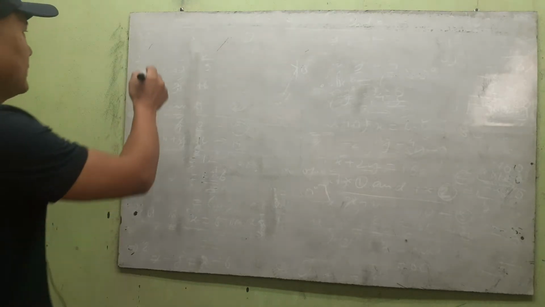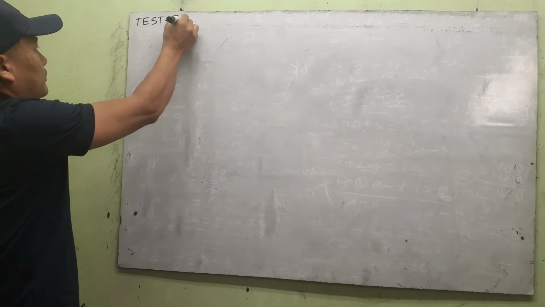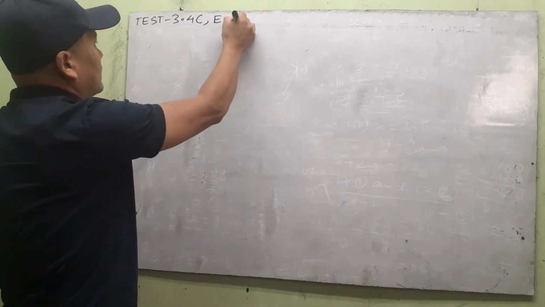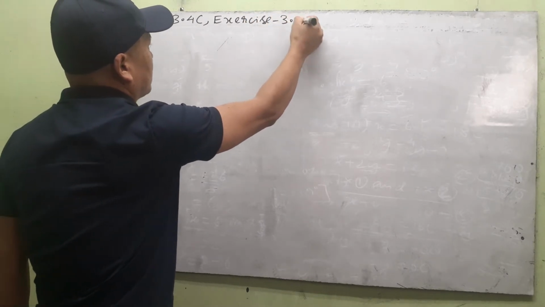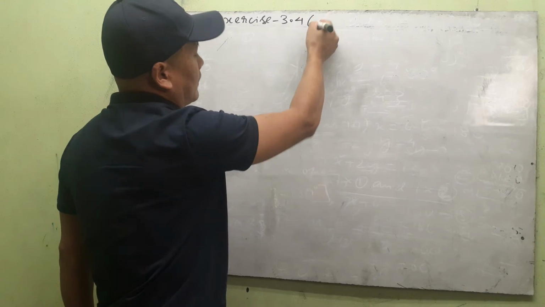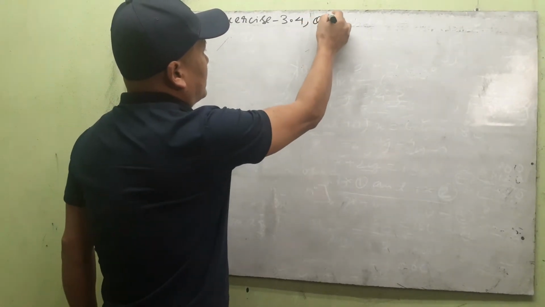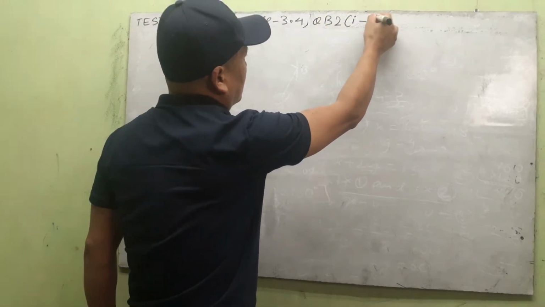So the next test here, test 3.4C. Okay, this is under exercise 3.4, and then question B2, subheading 1 to 4.